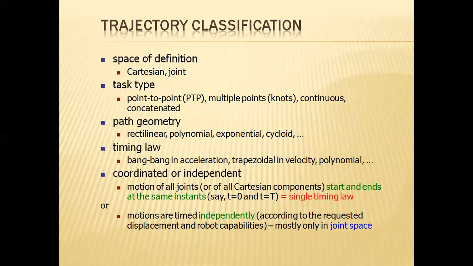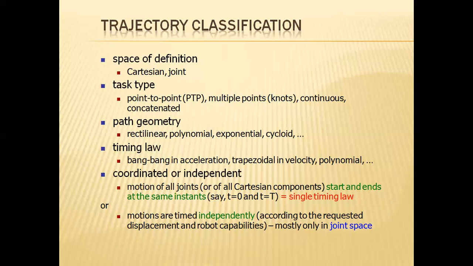The coordinated or interdependent motion of all the joints or Cartesian components involves starting and ending at the same instant. That is, whatever we are utilizing as a source point, after connecting all the points, it has to come back to the original position again.